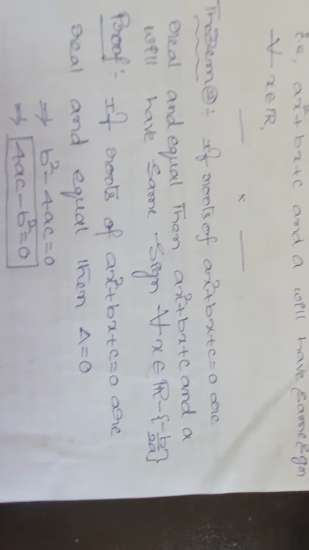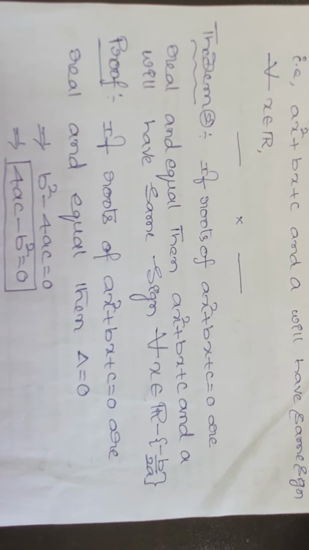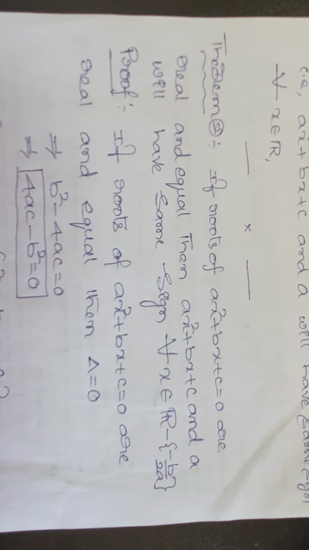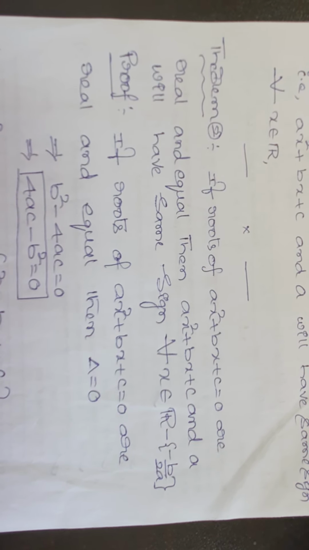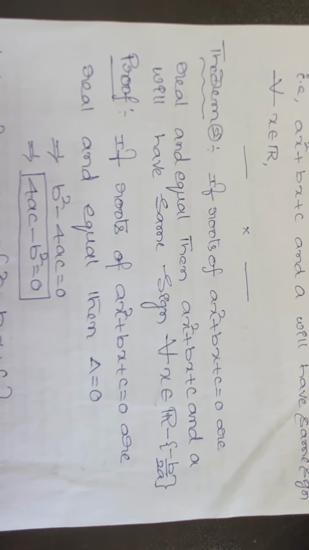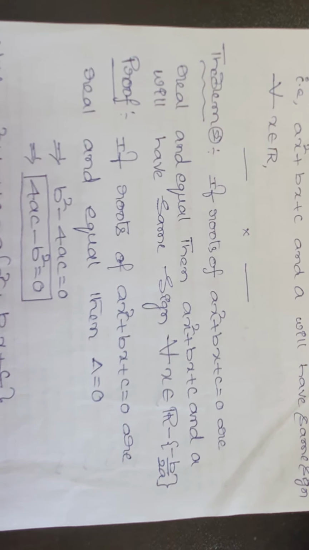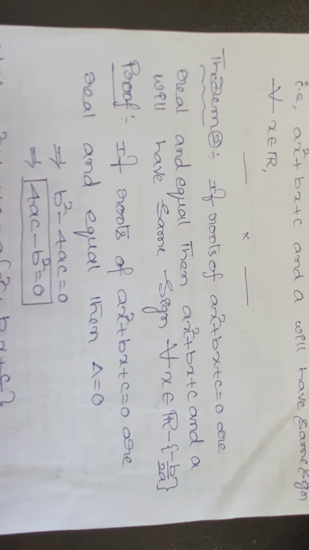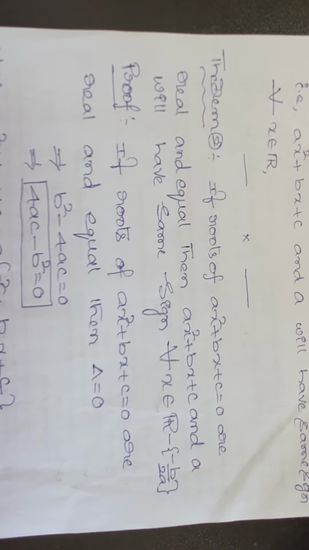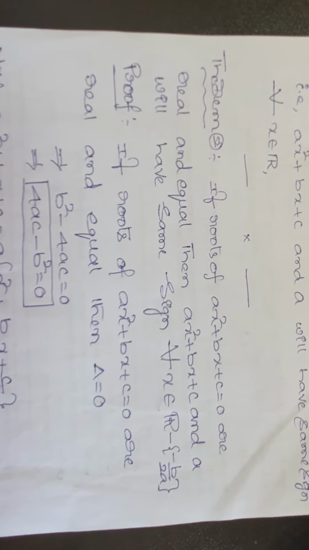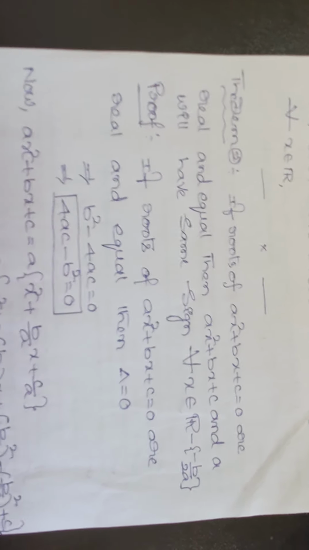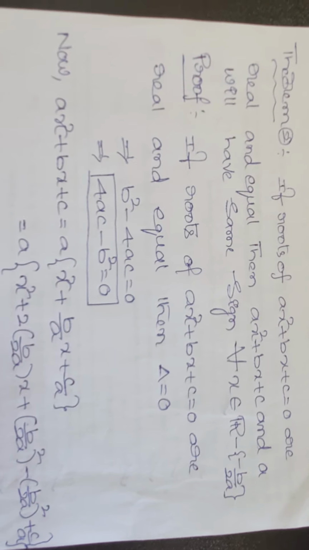Next, theorem 2. If the roots of ax square plus bx plus c equal to 0 are real and equal, then ax square plus bx plus c and a will have the same sign for all x belongs to capital R minus the singleton set of minus b by 2a. Proof. What is given in the theorem?